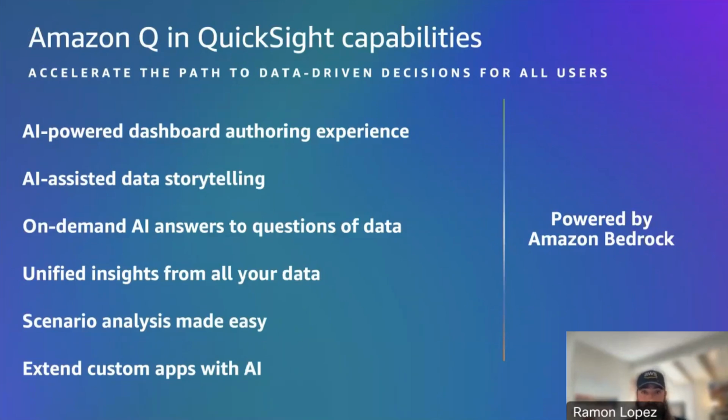So some of these capabilities that I talked about, first I mentioned how we have generative AI and BI in our application. So this is covered by a variety of different features, whether it's features for authors to leverage generative AI to create charts, to create formulas, whether it's for readers to answer questions, to build stories, to generate different scenarios, or whether it's for developers to embed all of these generative AI capabilities in your BI application or in your reporting application.